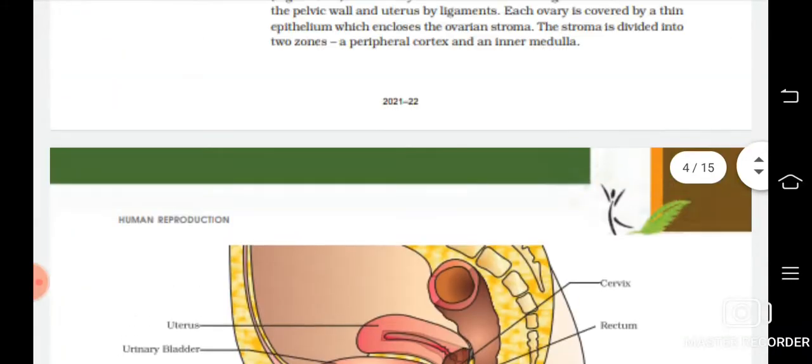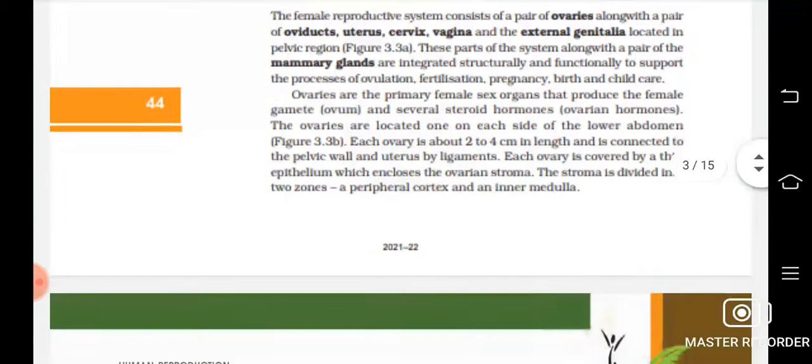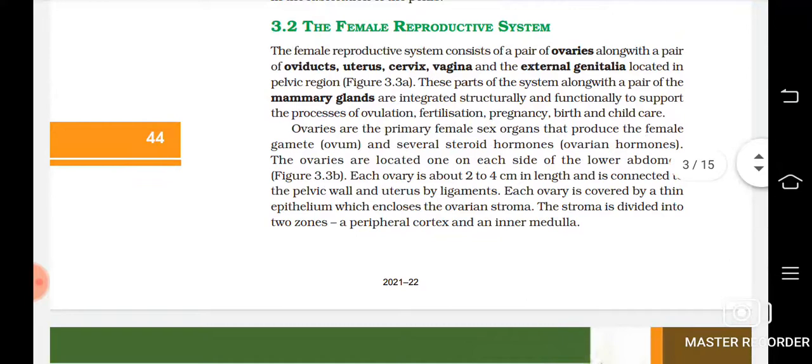So what we learned is the structure of the female reproductive system. The female reproductive system consists of a pair of ovaries, a pair of oviducts, uterus, cervix, vagina, and the external genitalia, along with the mammary glands.